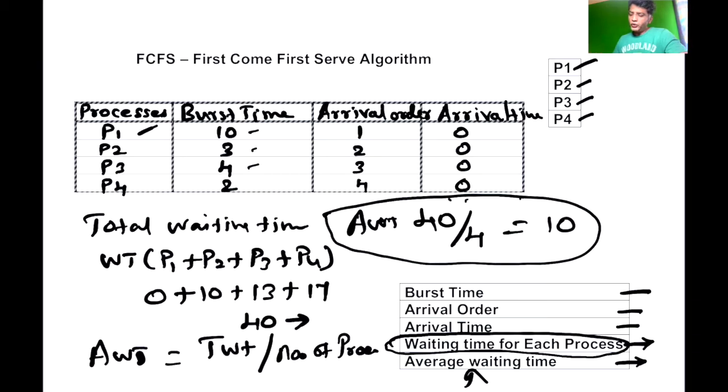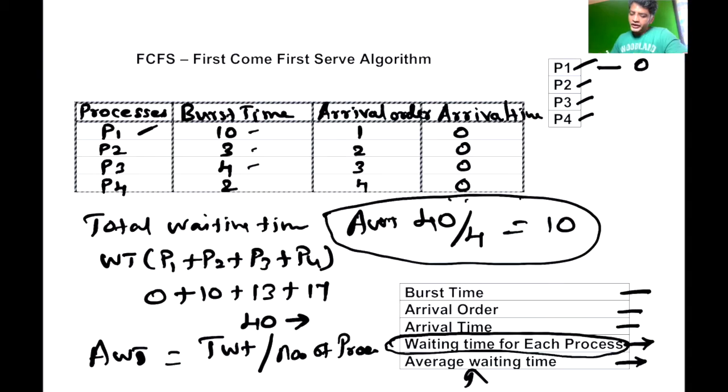So in this video we have calculated the waiting time for each process, as well as the average waiting time. We started with P1. P1 directly comes and the execution starts immediately, so there is no waiting time. P1's waiting time is 0.